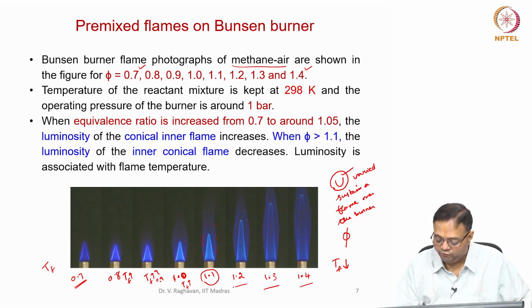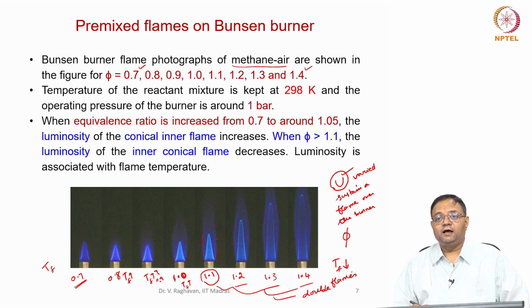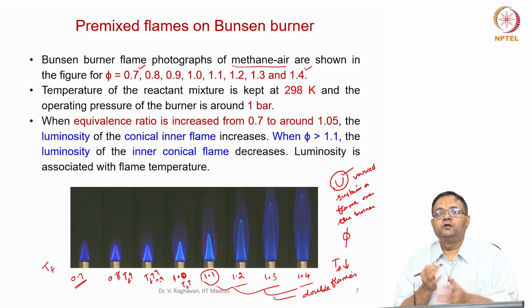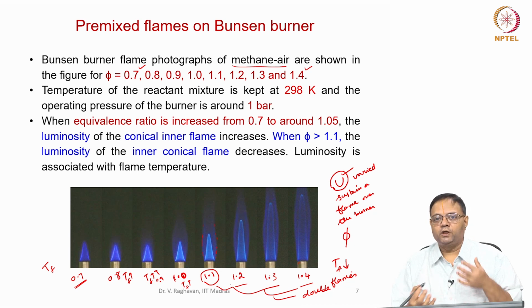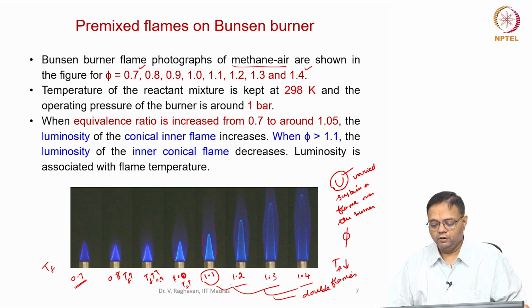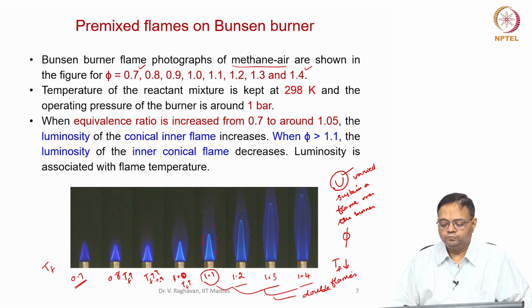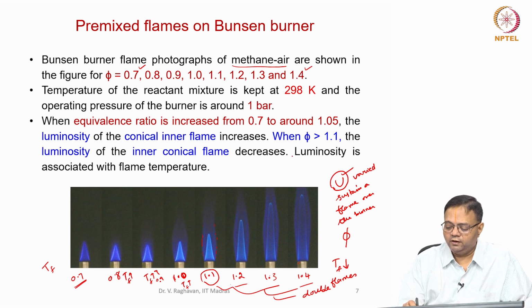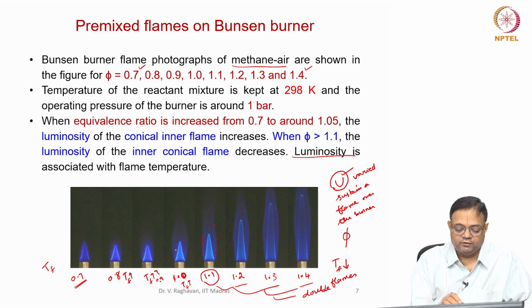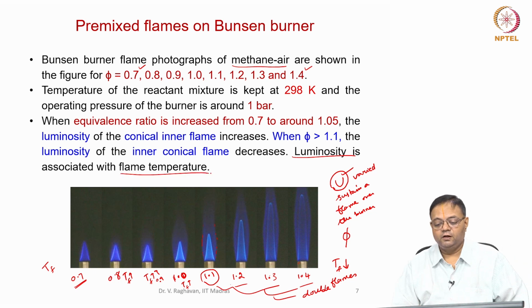So, these are all double flames. That is, there is an inner premix flame and an outer diffusion flame which is surrounding the premix flame. Okay. So, luminosity or the brightness of the flame is associated with the flame temperature, that we have to understand.